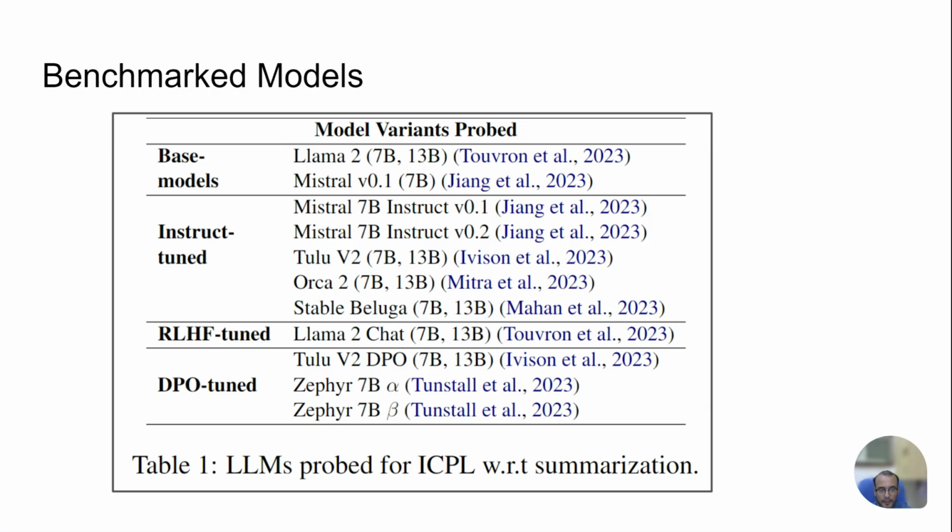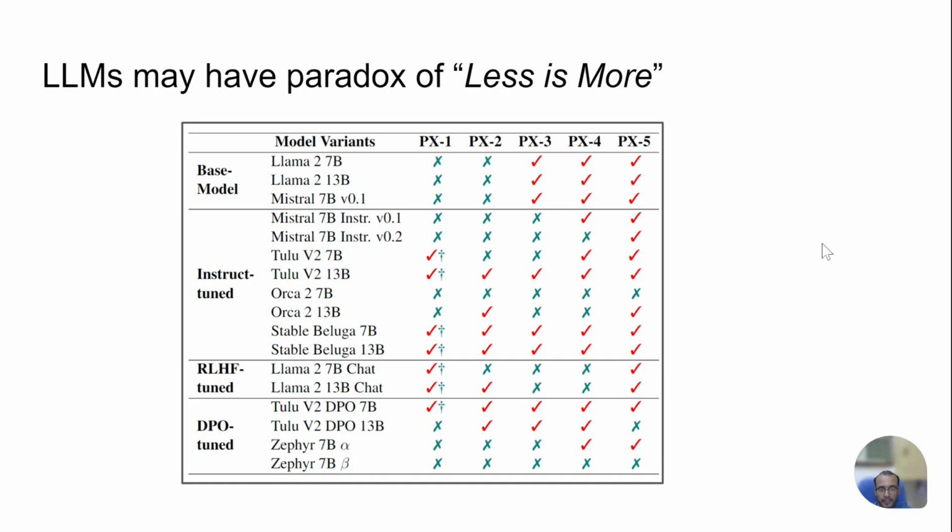And we found that except for two models, which are Zephyr 7B beta and Orca 2 7B, almost all the models showed paradoxes.